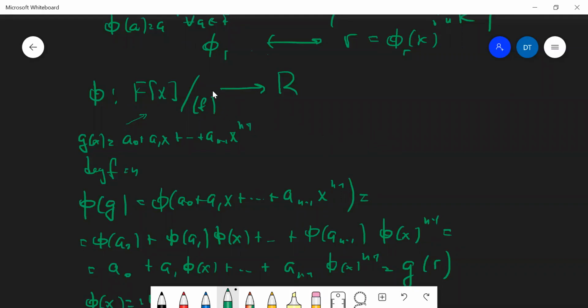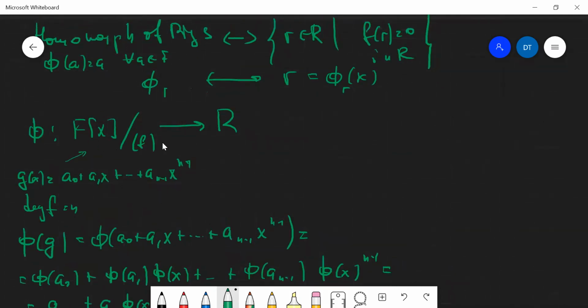But sometimes we may guarantee that this map is always injective. For example, if f is irreducible, when this is a field, the map will be injective automatically. Okay, but let me show you several examples, okay? And you will see, for example, why in case of a field, this is an injective map.